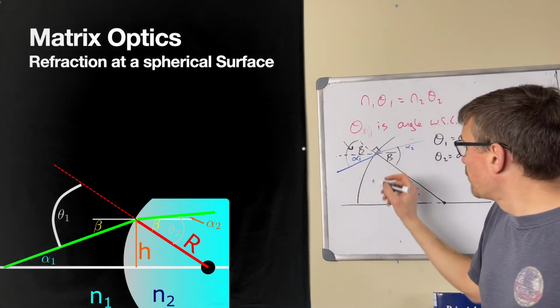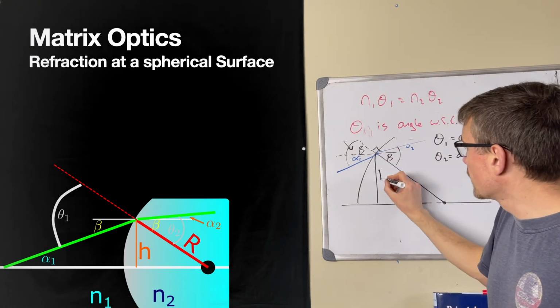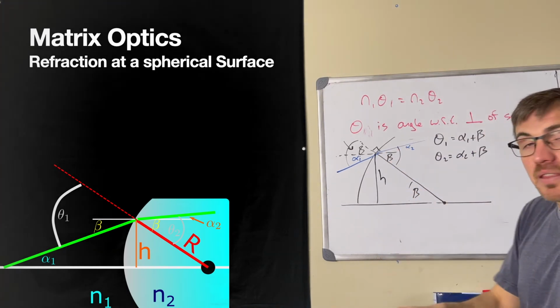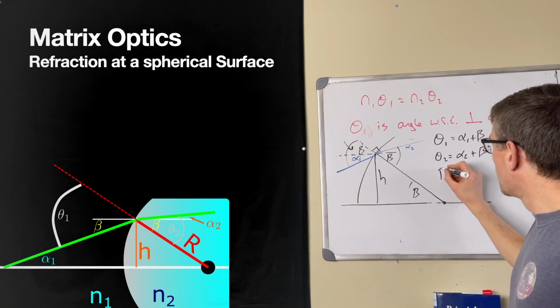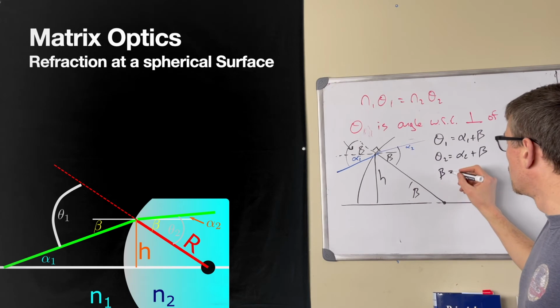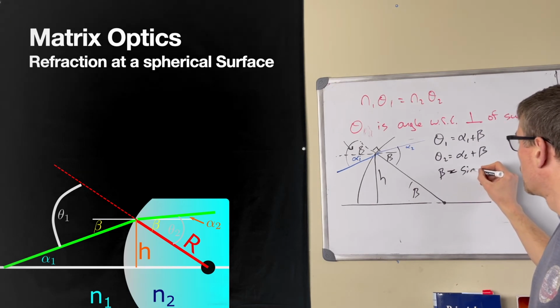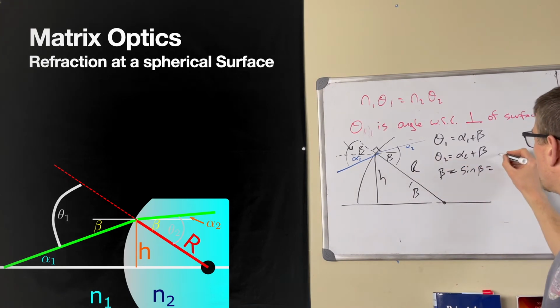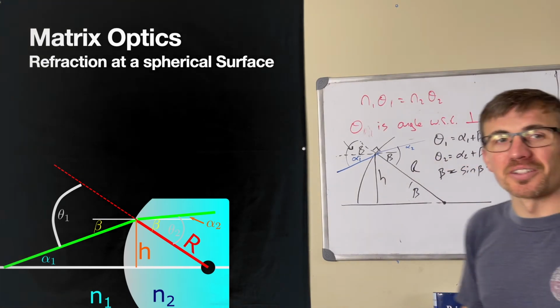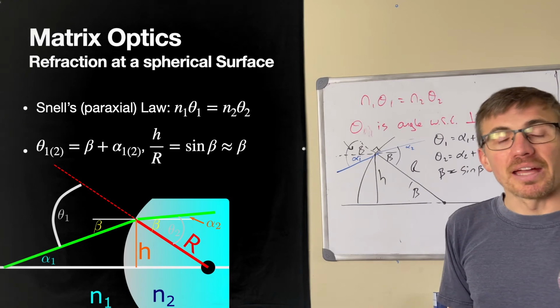And we can use a bit of geometry here. If this is a height h above the axis, then beta is approximately equal to sine beta, which is just h over r.